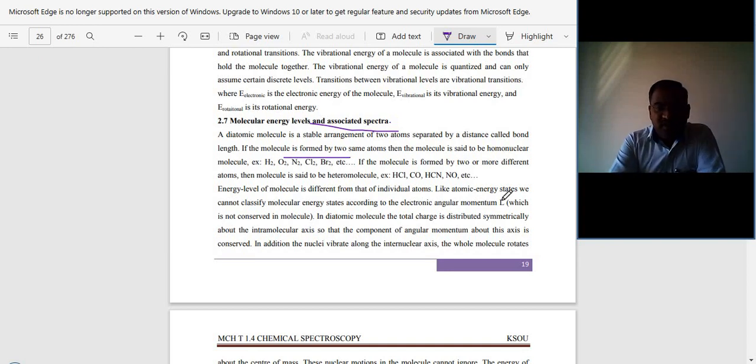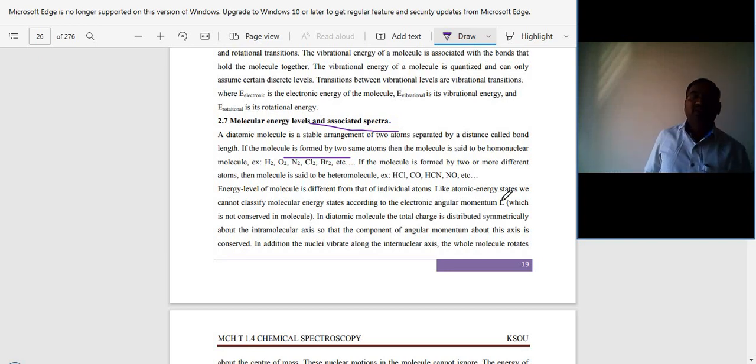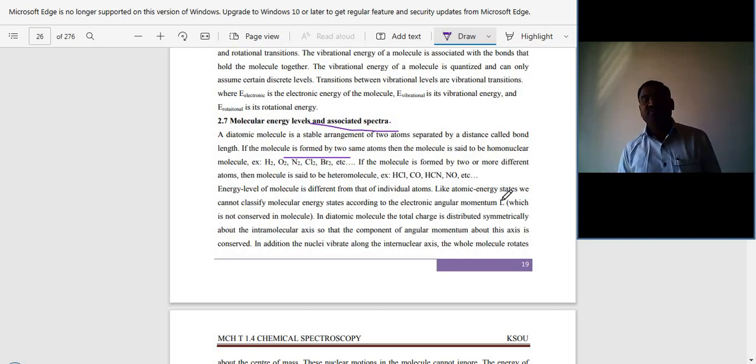If the molecule is formed by two same atoms, then the molecule is said to be a homonuclear molecule like H2, O2, F2, Cl2, etc. If the molecule is formed by two or more different atoms, then the molecule is said to be a heteronuclear molecule.